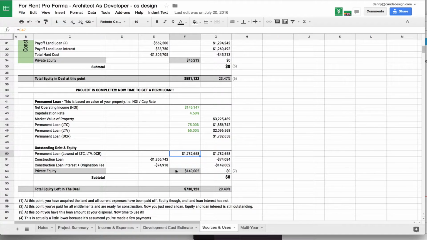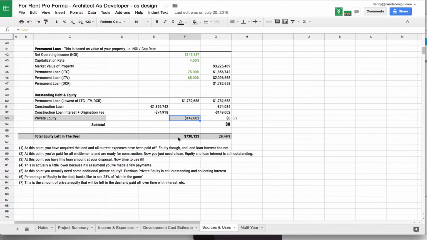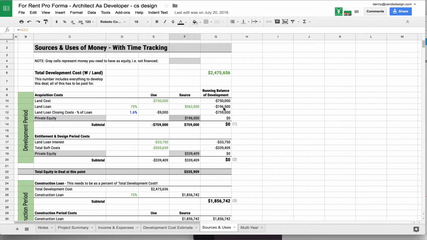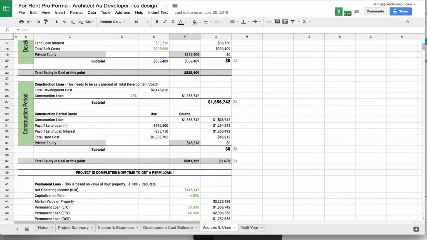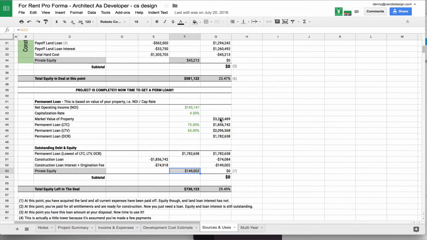So you're going to need, in this scenario, another round of private equity in order to pay off that permanent loan. So that's another $149,000. And so that brings you, so everyone's paid off. The land loan was paid off by the construction loan. The construction loan was paid off by the permanent loan.